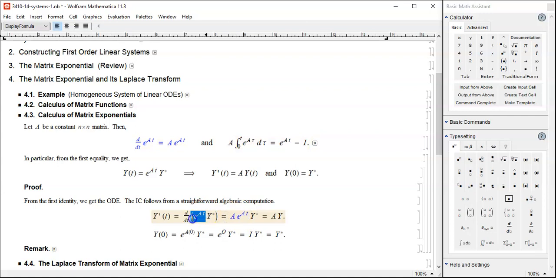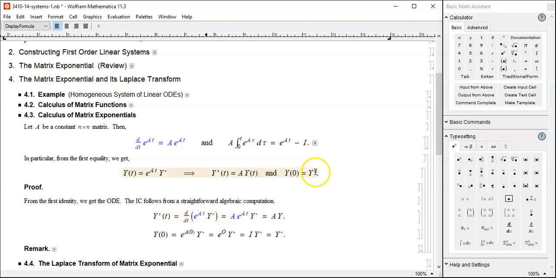Let me highlight those in blue. And then, please note that the exponential times y star is nothing more than y, so we have Ay. So y prime is Ay, we get the ODE, or the system of ODEs.